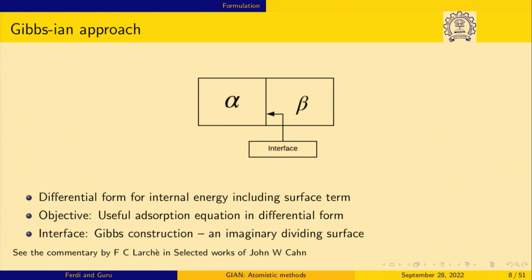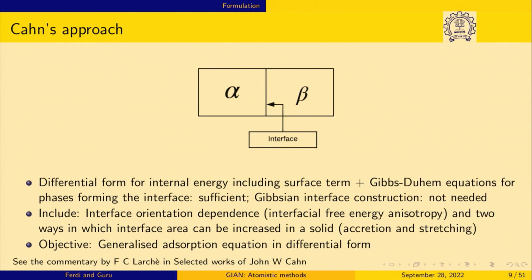And there is a nice commentary on this paper of Kahn about the thermodynamics of solids and liquids by Larche in the selected works of John Kahn. Some of this comes from that paper. So, what Kahn did is to give a differential form for internal energy that includes the surface term, but he used Gibbs-Duhem equations for the phases that are forming the interface, and he showed that you can get rid of this Gibbsian surface construction, right.